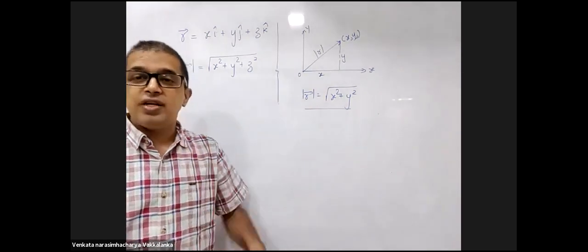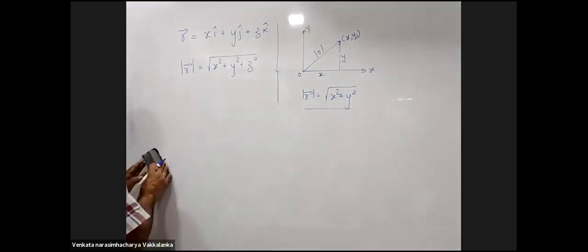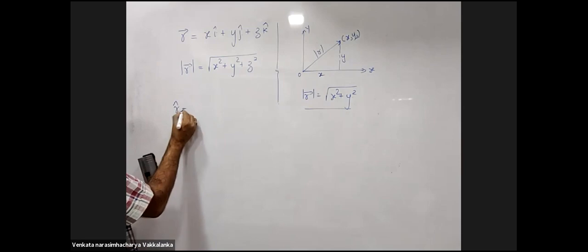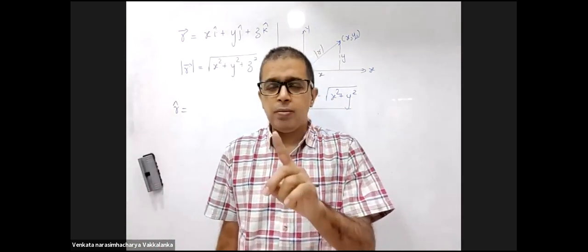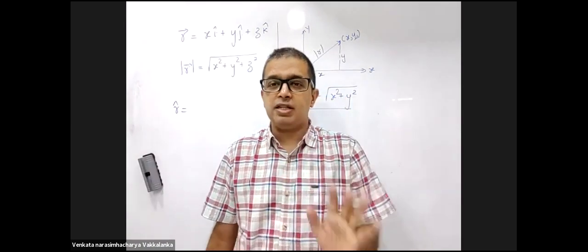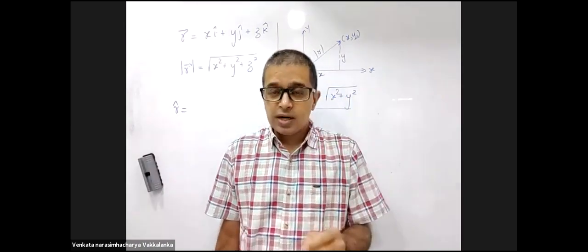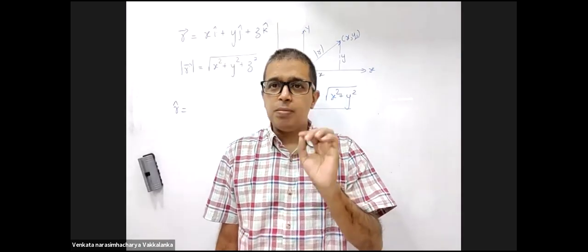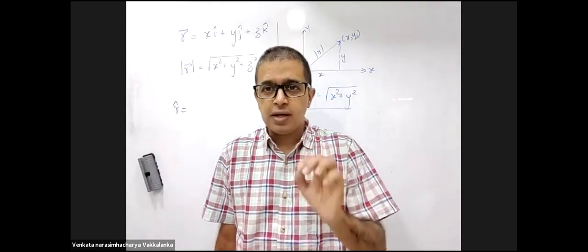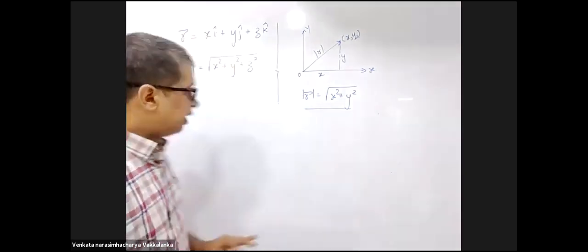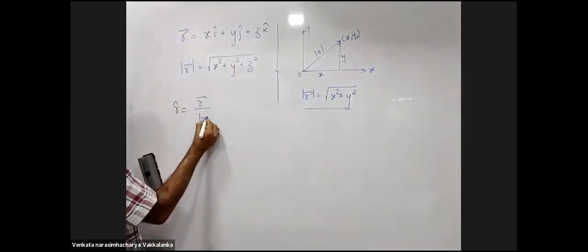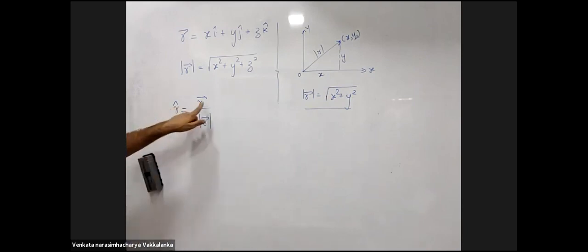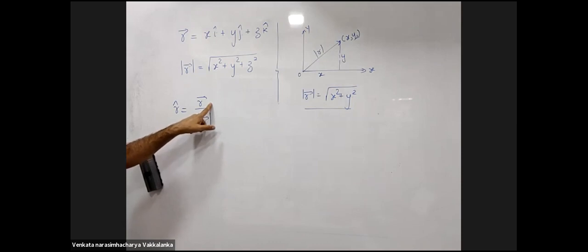But an important significance here. How did you define unit vector? Unit vector is a vector with unit magnitude and specific direction. Right? So a unit vector will be vector divided by the magnitude. Vector has got both direction and magnitude in the numerator.